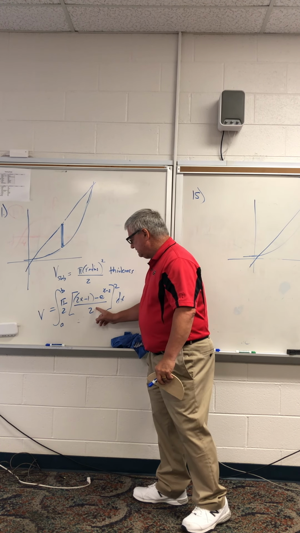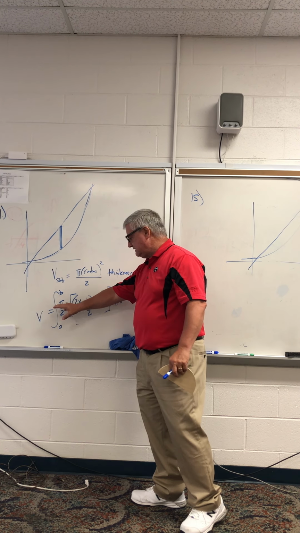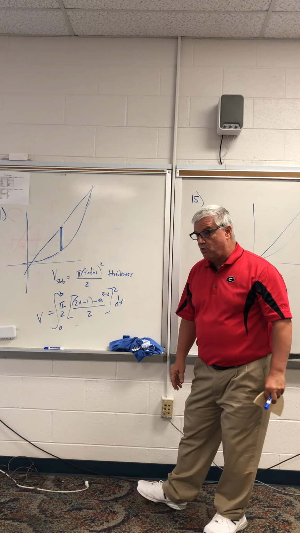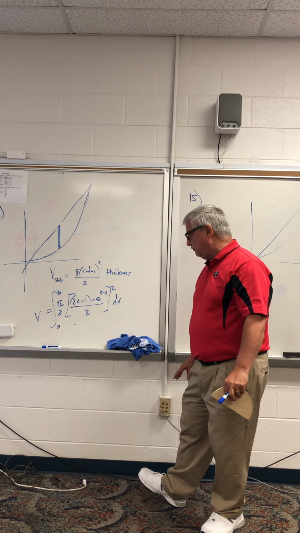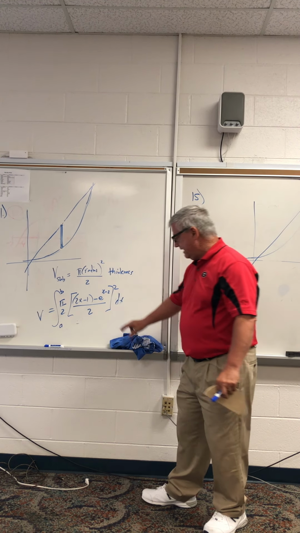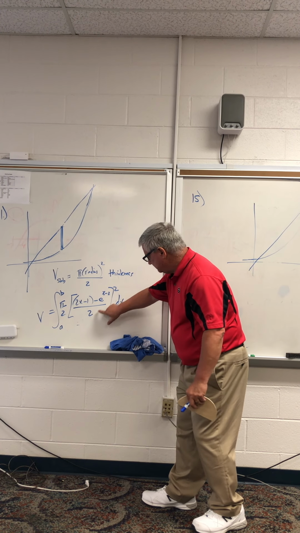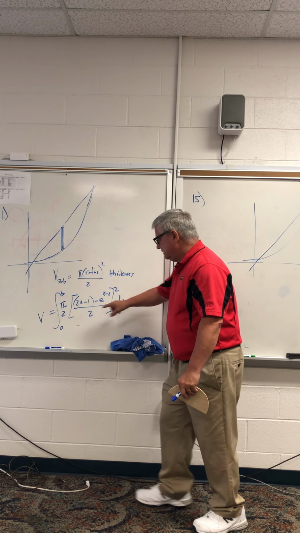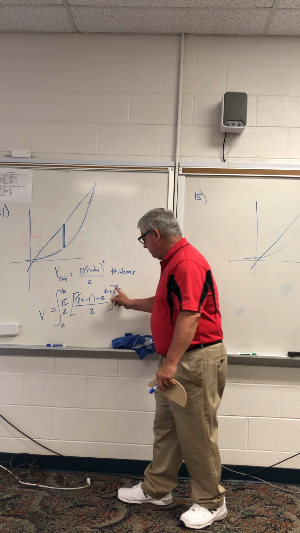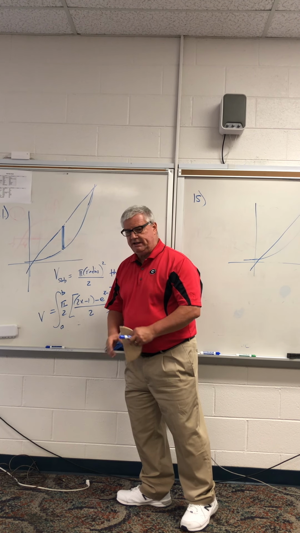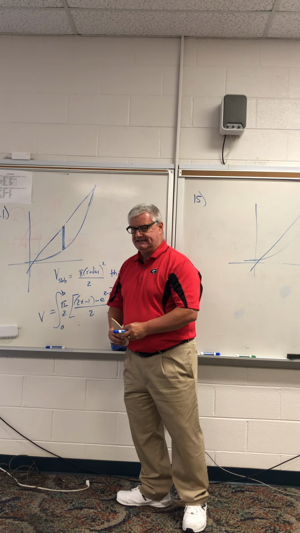Well, how about this 2? Put it on the outside with that constant. So now it will be pi over 4. You can count on that being one of the answers. That's not correct. No, this is not 2. This is 2 squared. So we got pi over 2 here, 1/4 here. So what would be on the outside is pi over 8.